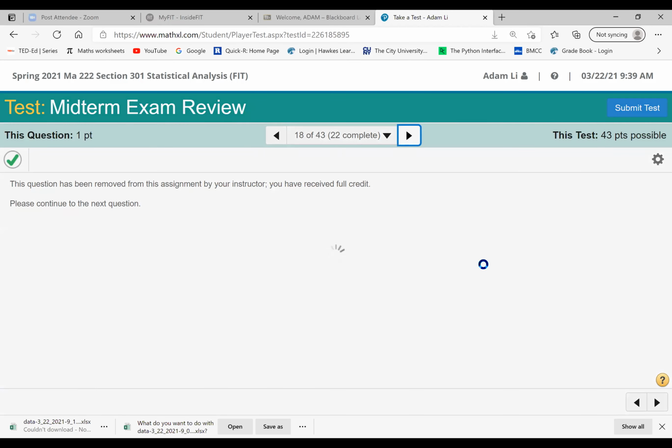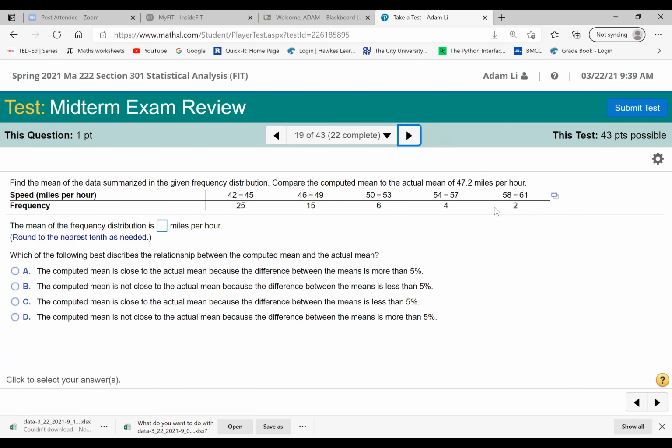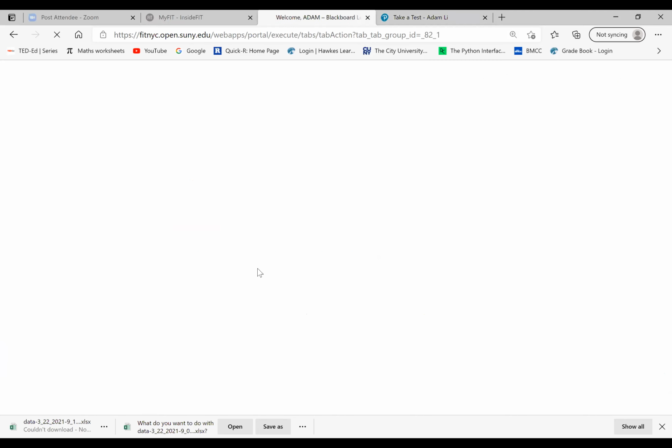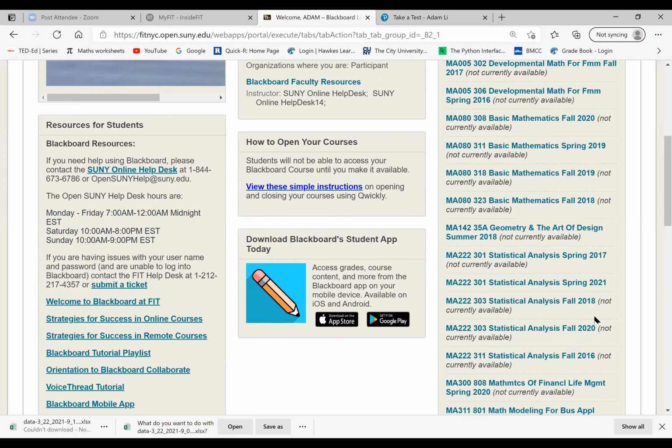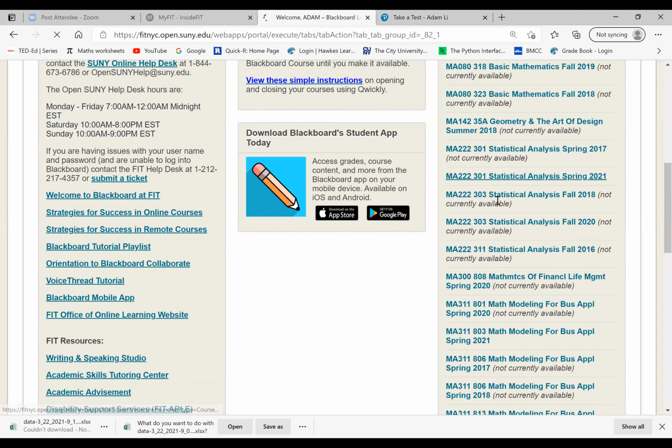Question 17, I omitted. Question 18, I omitted. 19, here we go. We have a frequency distribution table, and you want to find the mean. You are also given the actual mean right here. They told us that the actual mean is 47.2 miles per hour. As you can see, you need to look up the formula sheet for some of the calculations.